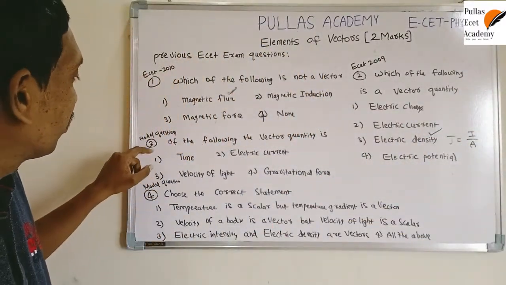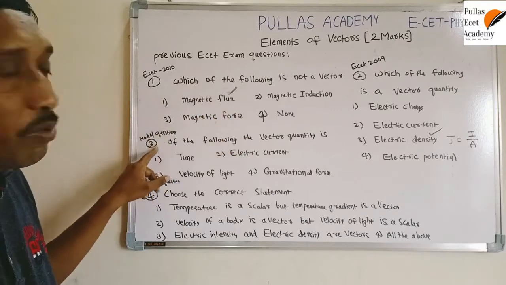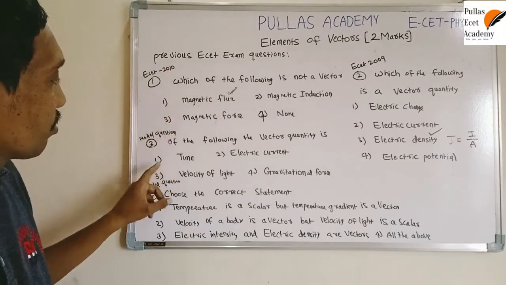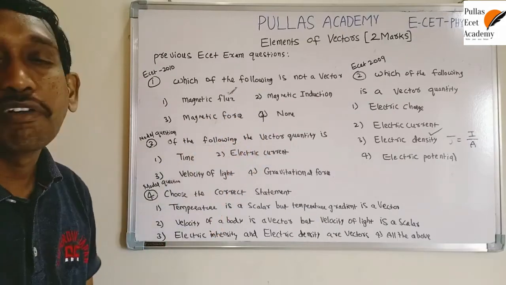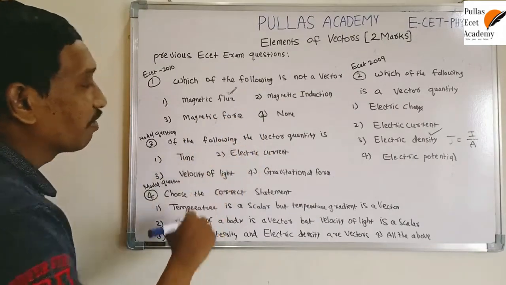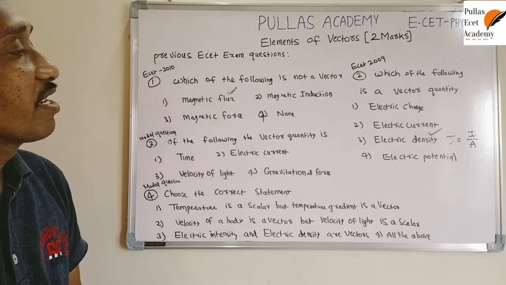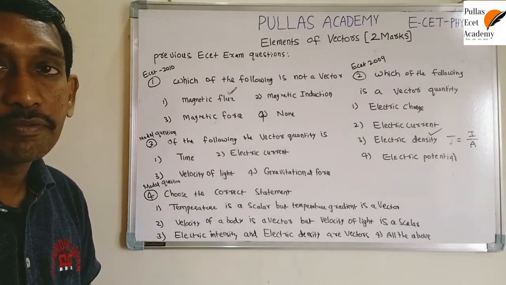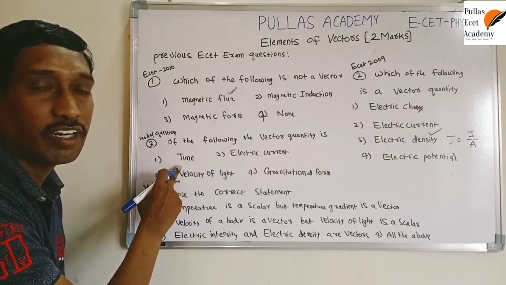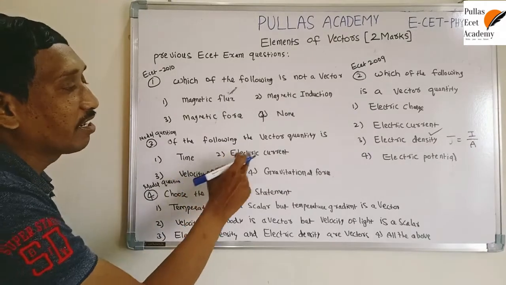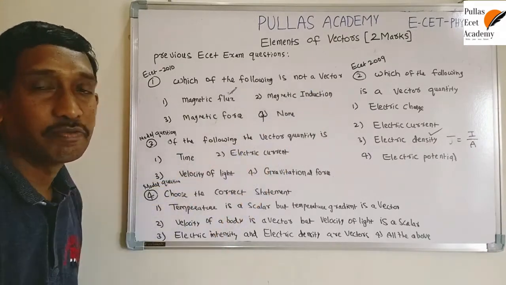Next one is the same model questions, previous model questions. Here one question is, of the following, which are vector quantities? In the given 4 options, which is a vector quantity? Already from these options we understood, time is a scalar quantity and a fundamental quantity. Electric current, I already explained, is a scalar.